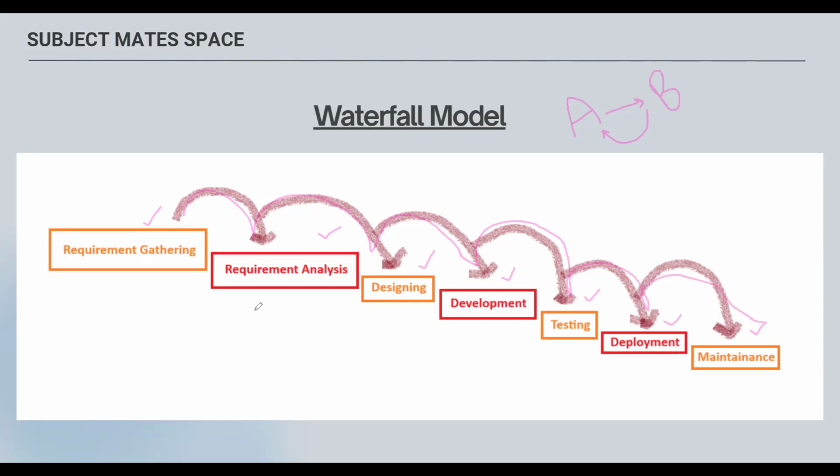So in waterfall model, we are going to completely dedicate ourselves phase by phase. If we are doing requirement gathering, then we are just doing requirement gathering. If we are doing requirement analysis, we are just doing requirement analysis. Similarly, if we are doing design, then development, testing, we are just going to do either design, development, or testing.